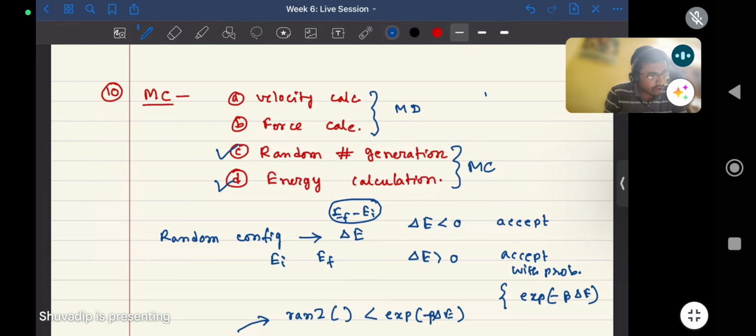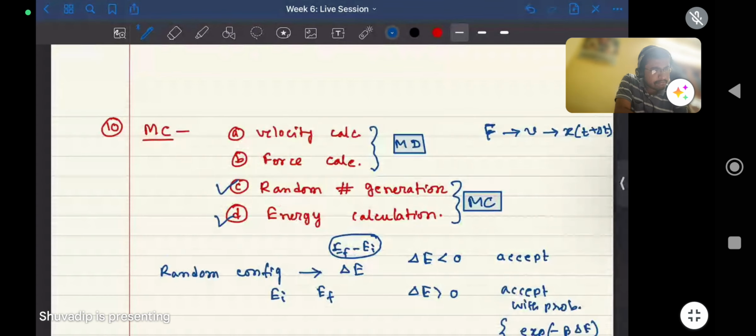Then from that you calculate velocity, and from that the changed position after some time. So these steps are important for molecular dynamics simulation. For Monte Carlo simulation, energy calculation and random number generation are important. But in molecular dynamics, there is no random number generation as such.